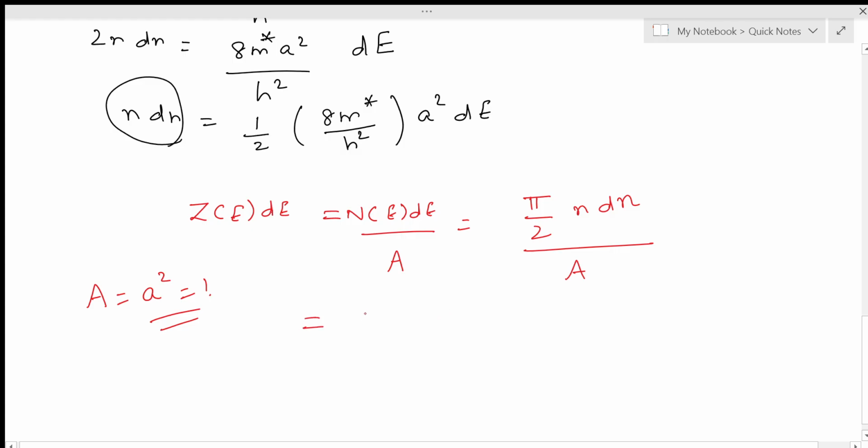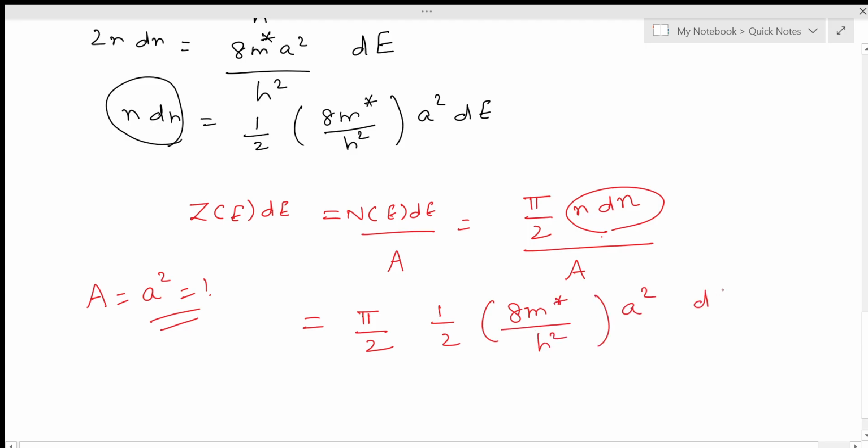Pi by 2 n dn is 1 by 2 times 8 m star by h square a square into d. Here a is considered as a square, so a square gets cancelled off. Otherwise, we can consider this as unity.